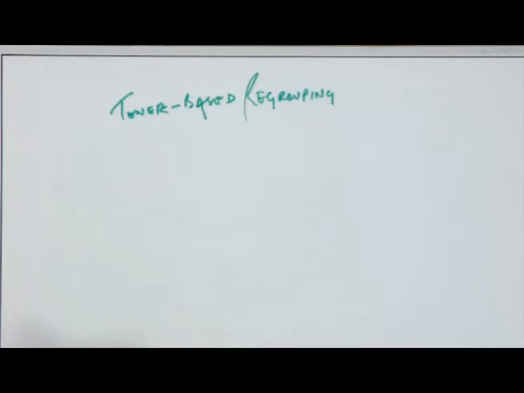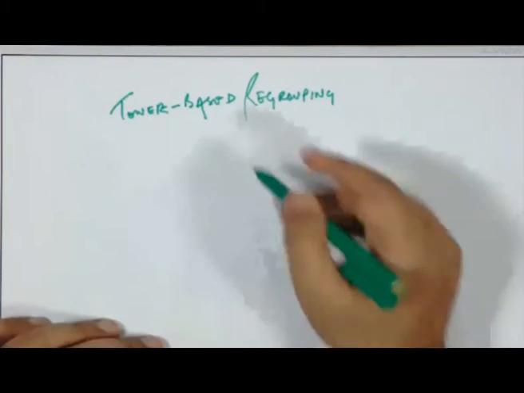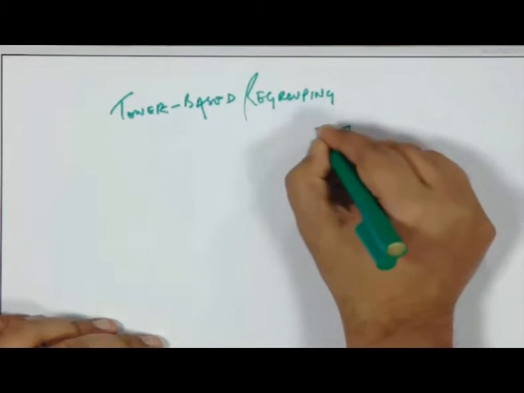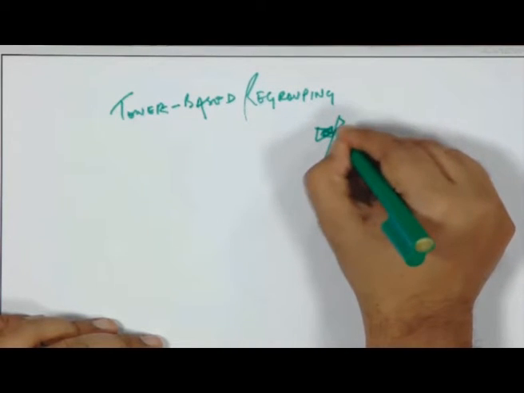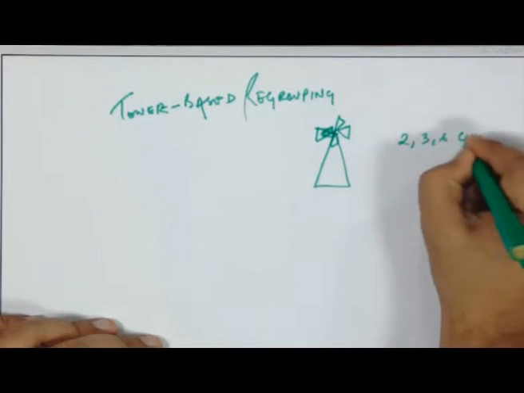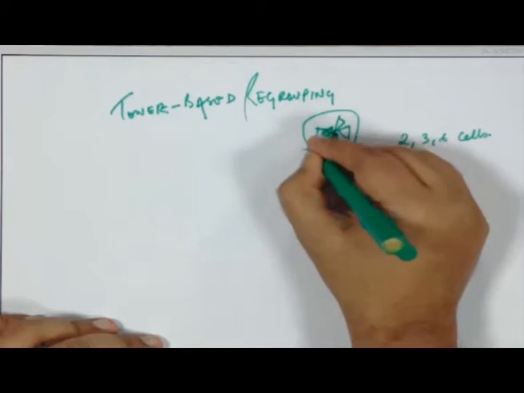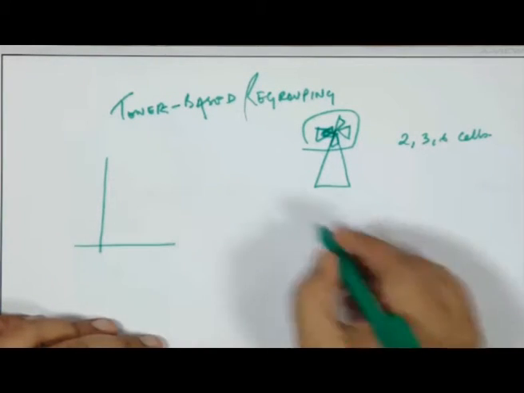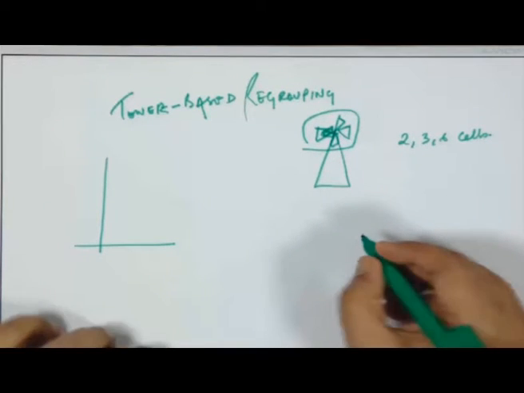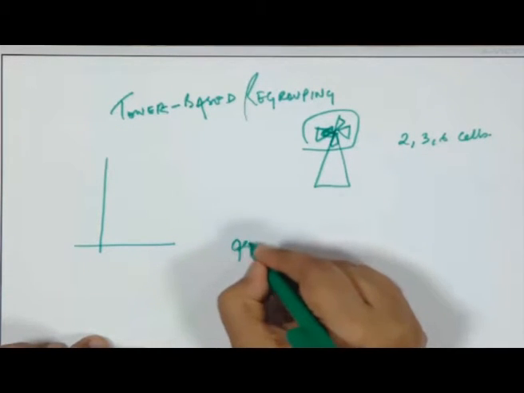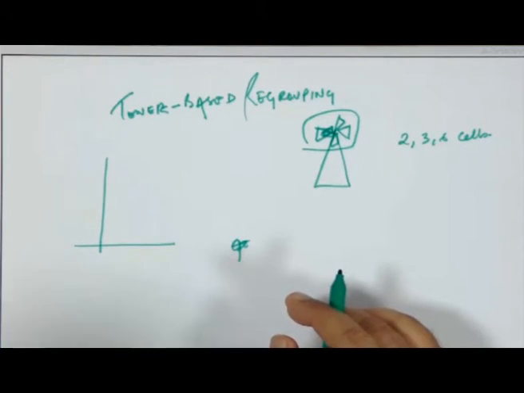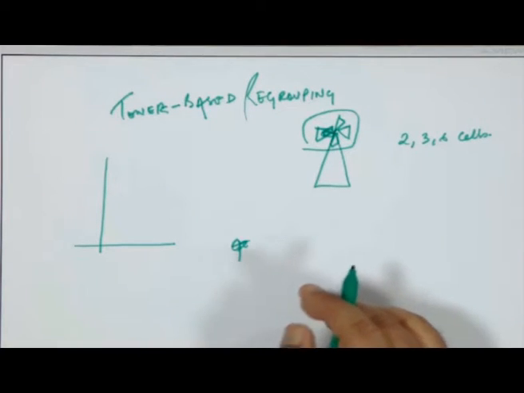In tower based regrouping, as I have told, each tower may have 2, 3 or 6 cells. Now in your database, through these 2 techniques, boundary filter and the other, what are we getting? From the cell information, you can actually decipher which tower it belongs to.